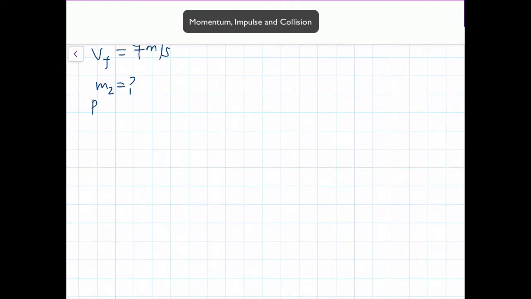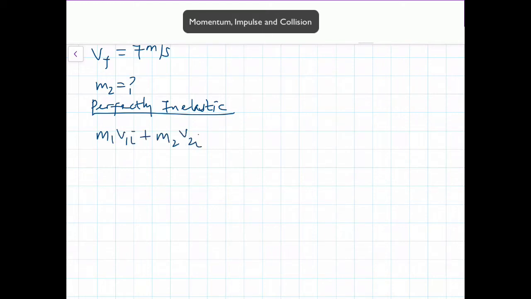For a perfectly inelastic collision, if you remember, we had mass 1 v1 initial plus mass 2 v2 initial equals the common final velocity times mass 1 plus mass 2, the sum of the two.